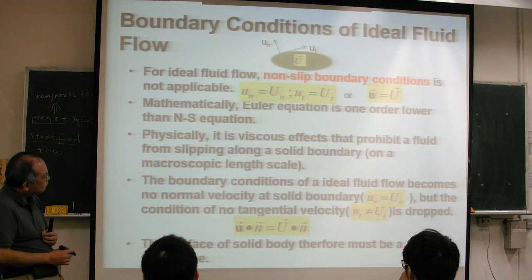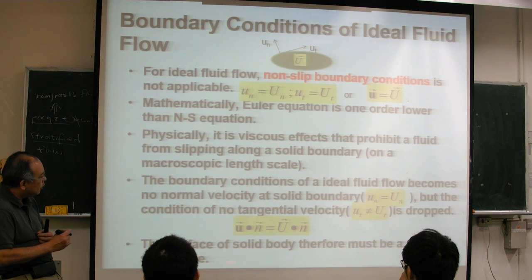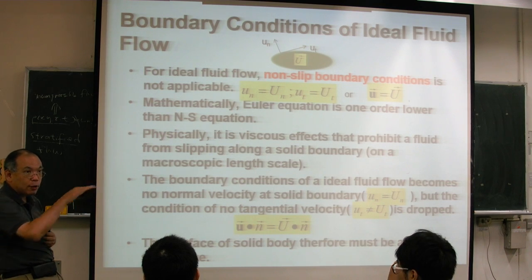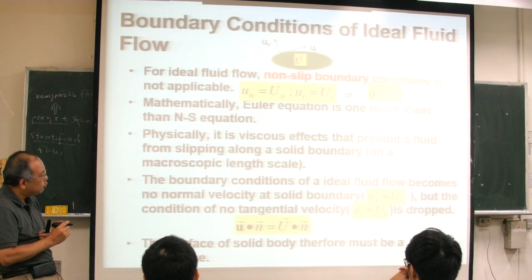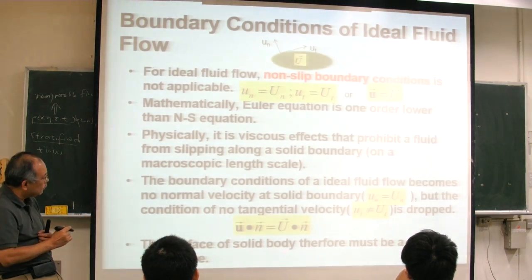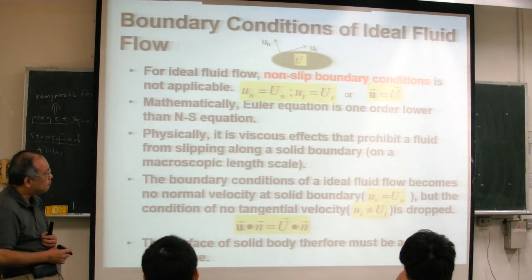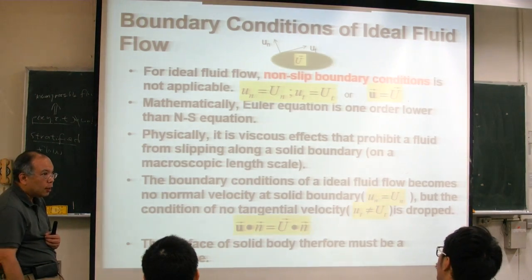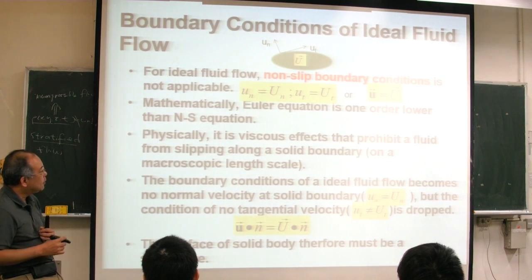Based on this, we can also see the surface of our solid body will be a streamline, because our flow will be tangential to the solid boundary. When the fluid has a tangential velocity along the solid boundary, that means this solid boundary surface is a streamline in inviscid flow. So that's the boundary condition change when we assume inviscid flow.